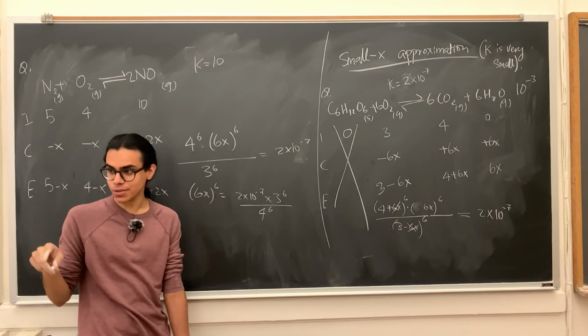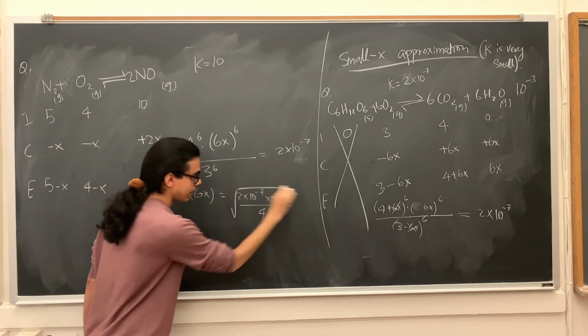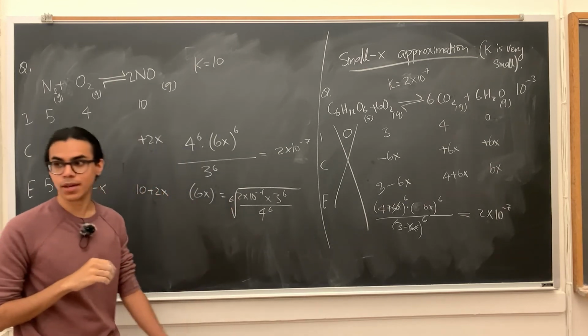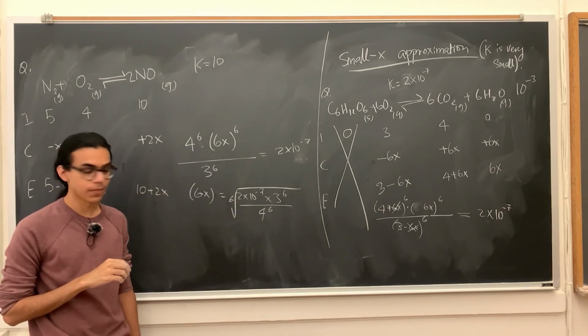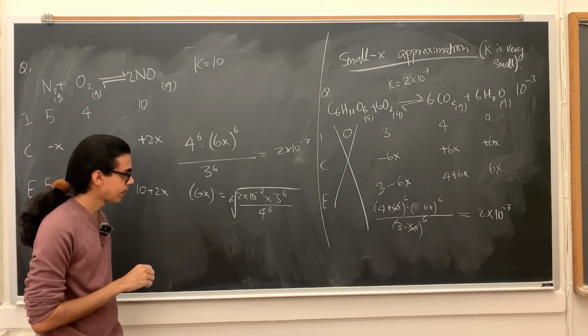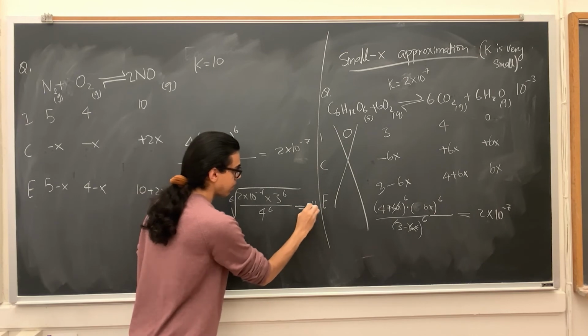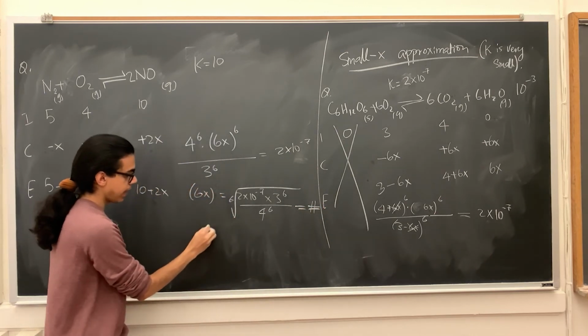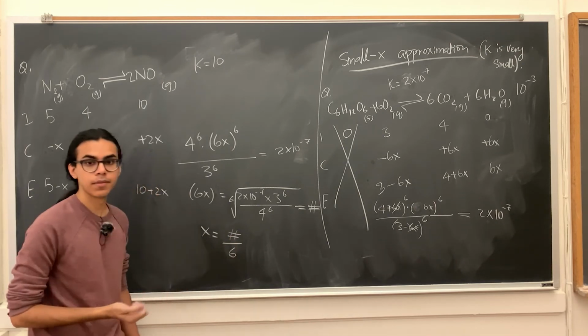Square root would be for 2. Take the sixth root of both sides. Let's say you get some answer. Solve for x. It's that number divided by 6.